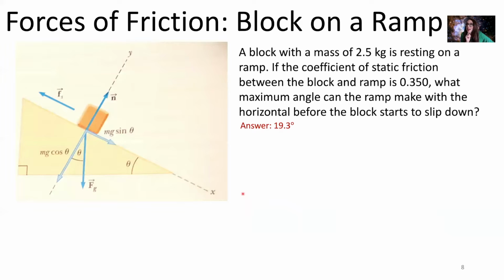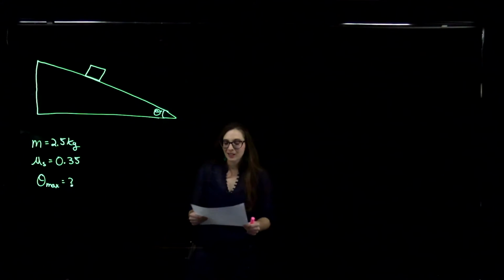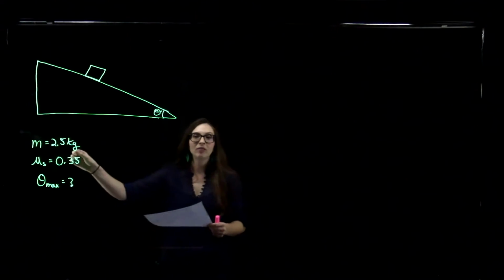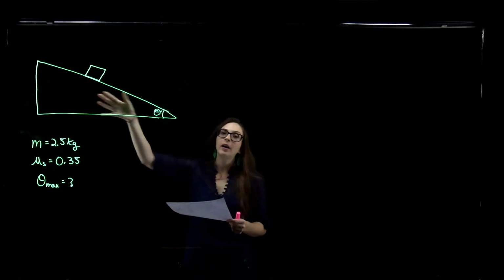We're going to use that same free body diagram in order to solve this problem here, where we've got a block on a ramp and there's a coefficient of friction between the block and the ramp. We have a block with a mass of 2.5 kilograms on a ramp.